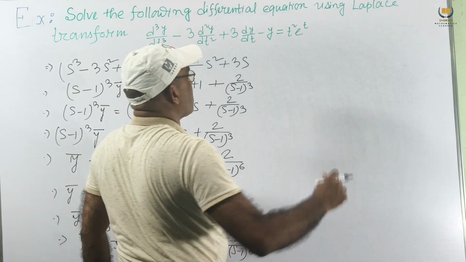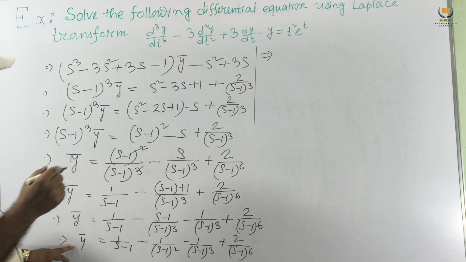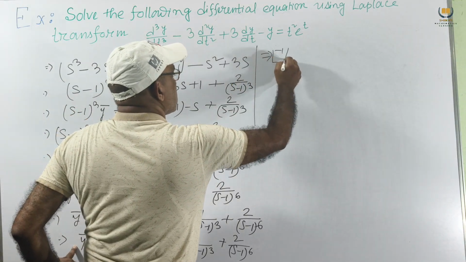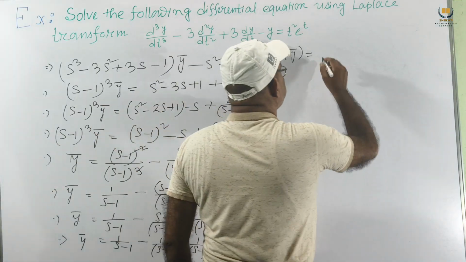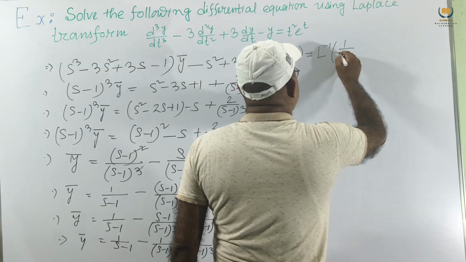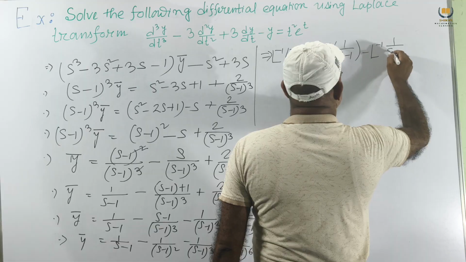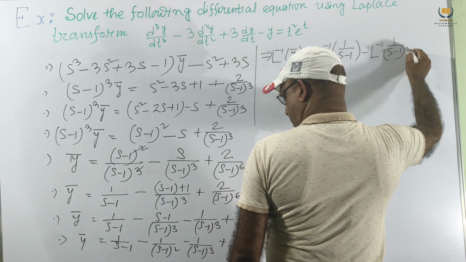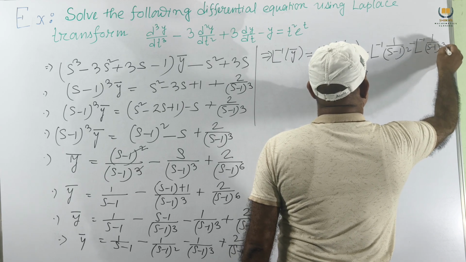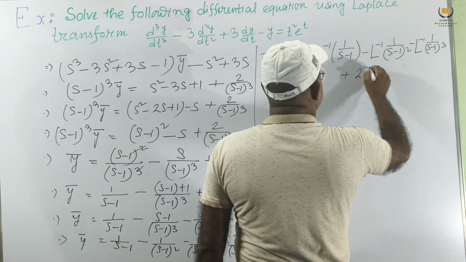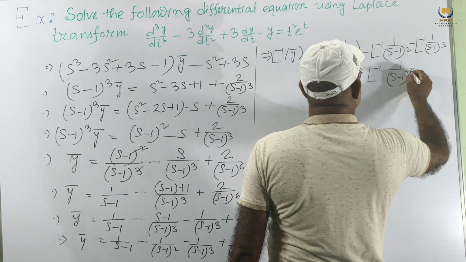Now taking inverse Laplace transform on both sides, L inverse y bar, and this is L inverse 1 by s minus 1, L inverse 1 by s minus 1 whole square, L inverse 1 by s minus 1 whole cube, plus 2 constant outside, L inverse 1 by s minus 1 whole to the power 6.